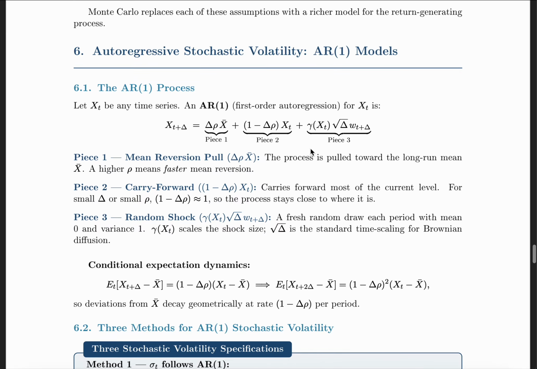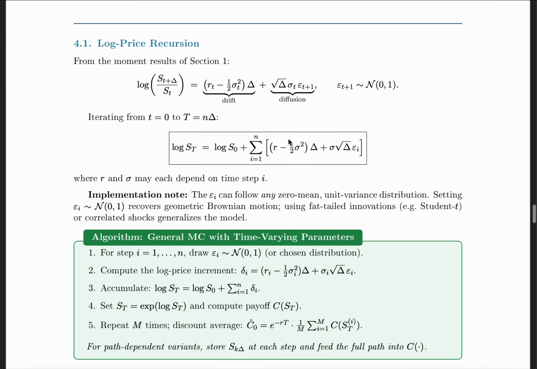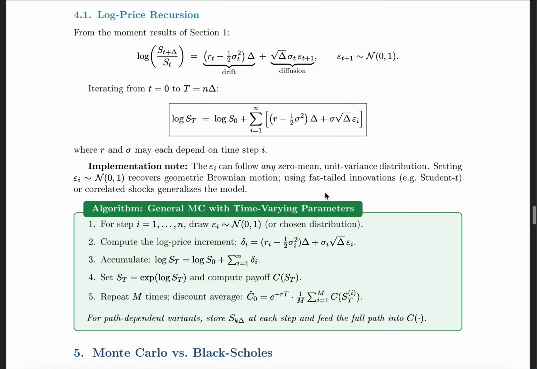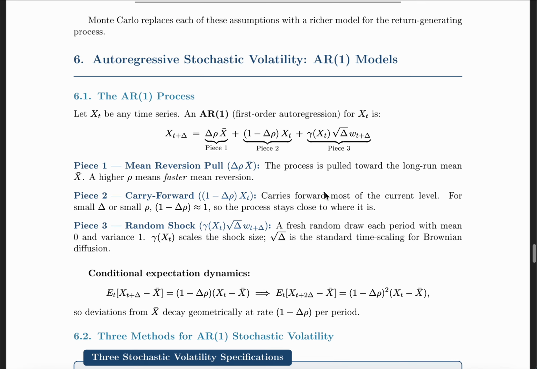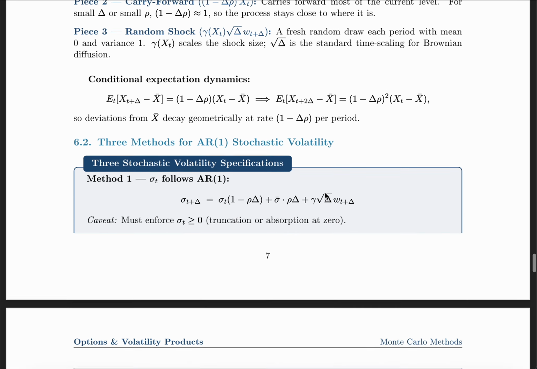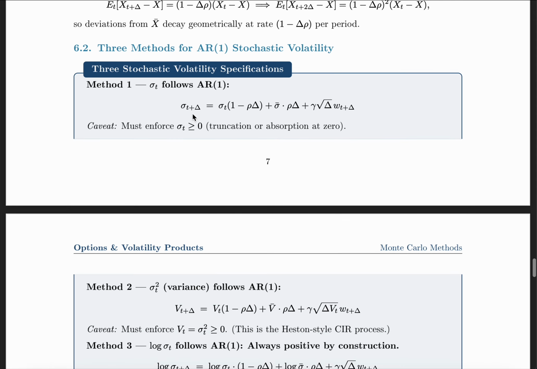And it turns out that when we try to answer the question of what x of t is, there could be 3 possible answers, right? Remember that we're trying to model the volatility term here in the Monte Carlo simulation, sigma. Now, the 3 ways that we can model this is, first of all, we can just let the random variable be sigma.